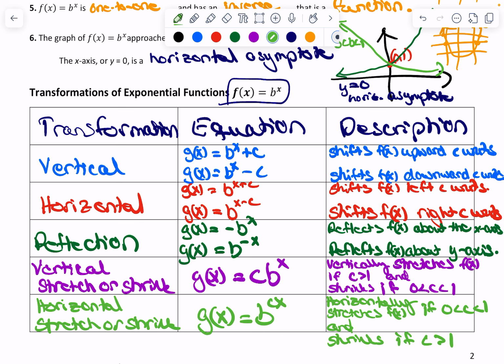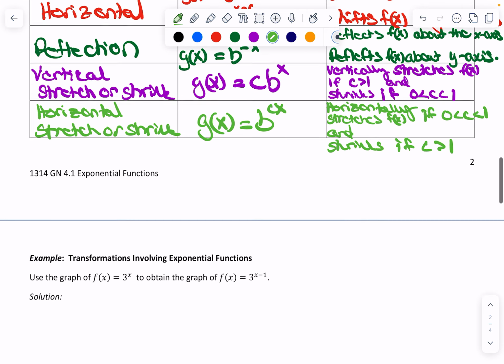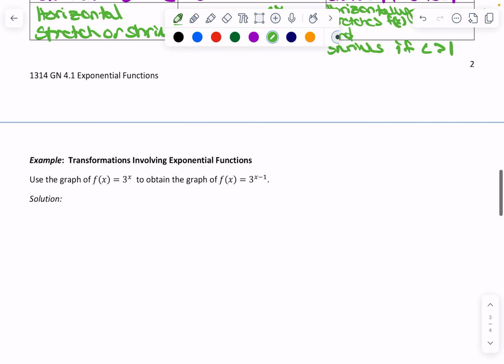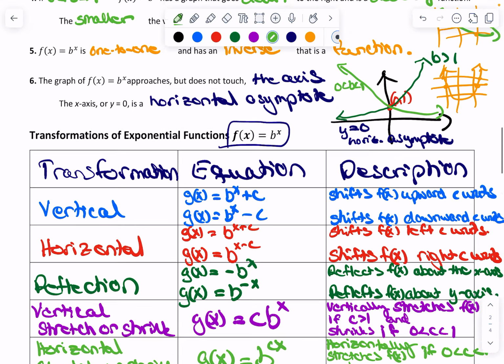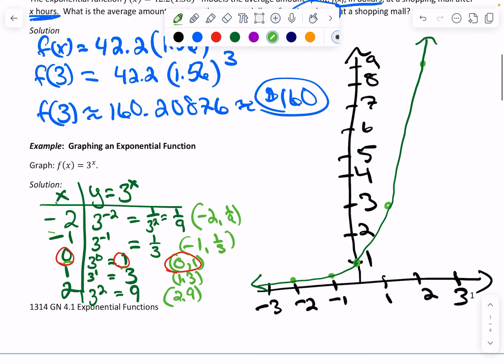Okay, so let's look at an example, a transformation example. We already graphed f of x equals 3 to the power of x right here. So I'm going to go ahead and copy this one from here.